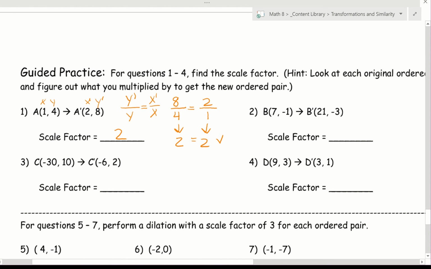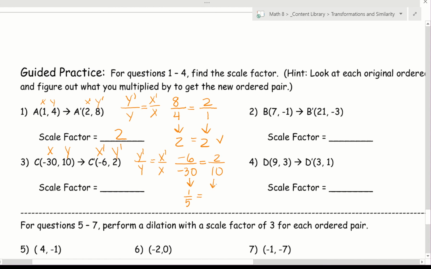Okay, let's do number 3. So we have our x's and our y's, our x prime and our y prime, goes from negative 30, 10 to negative 6, 2. So we're going to have, again, our y prime over our y equals our x prime over our x. Let's see what our scale factor is. We had negative 6 over negative 30. Does it equal 2 over 10? Well, negative 6 over negative 30, if you put that in the calculator, you should get 1/5.